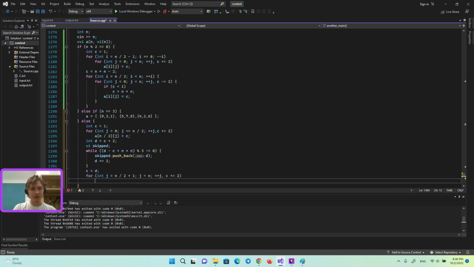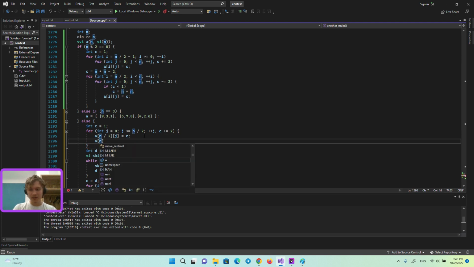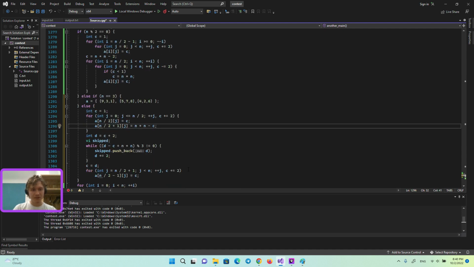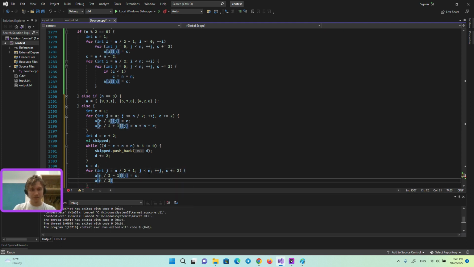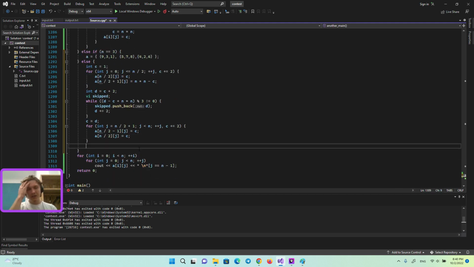And I say that a[n/2 - 1][j] equals c. Also here I say that a[n/2 + 1][j] equals n squared minus c. And also I do it here. Excellent.